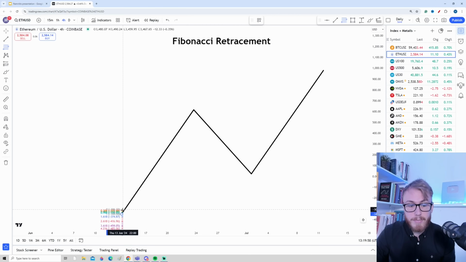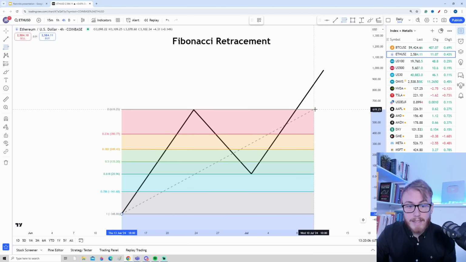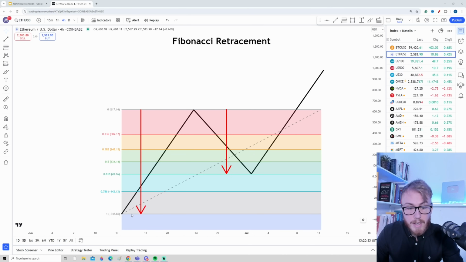And remember, where's the impulsive move? Well, it starts right here, and the impulsive move ends up here. Then you simply drag out the tool to the right. And what the Fibonacci retracement basically measures is how deep the pullback is compared to the impulsive move.